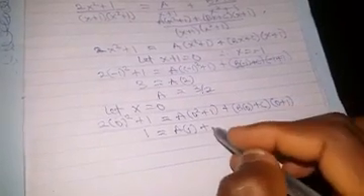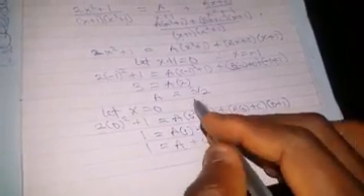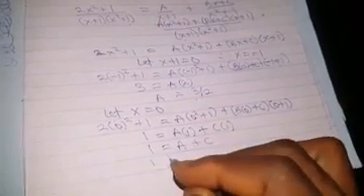So I'm left with just c plus c times 1. Okay? So you have 1 equal to a plus c. At this point, you can remember that your a is 3 over 2. So we can substitute 1 equal to 3 over 2 plus c. So that means c is equal to 1 minus 3 over 2. Which when we find the LCM, 1 minus 3 over 2 is going to give us minus 1 over 2. I hope you understand.